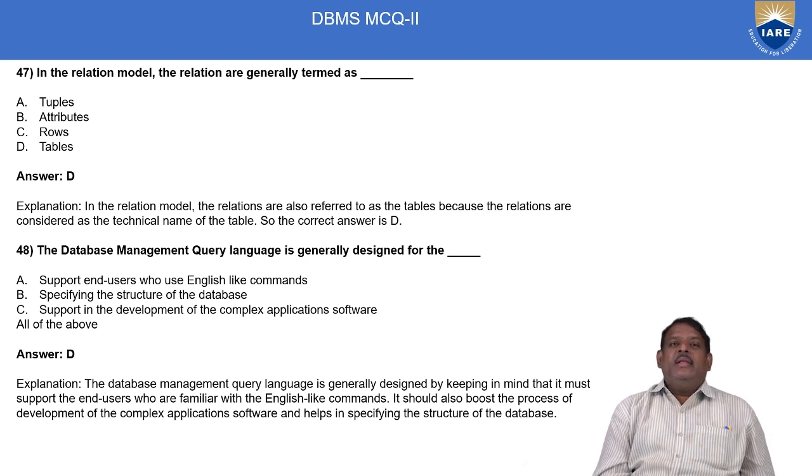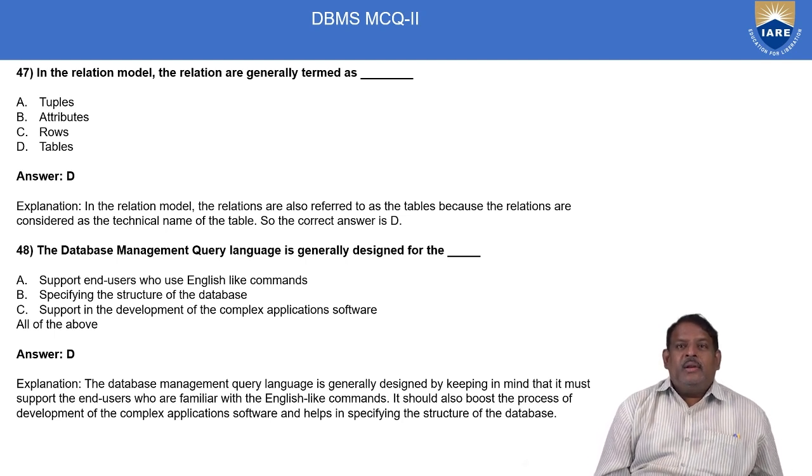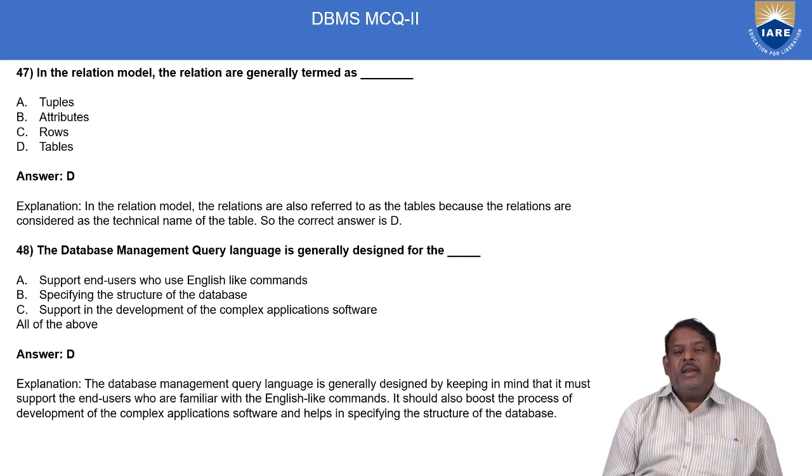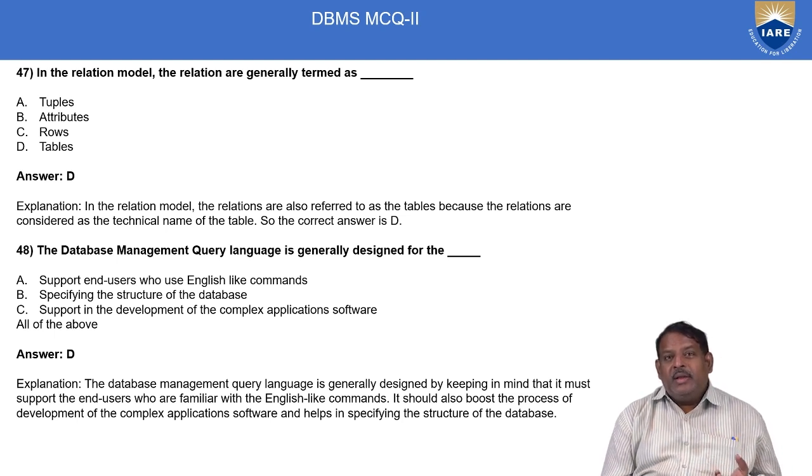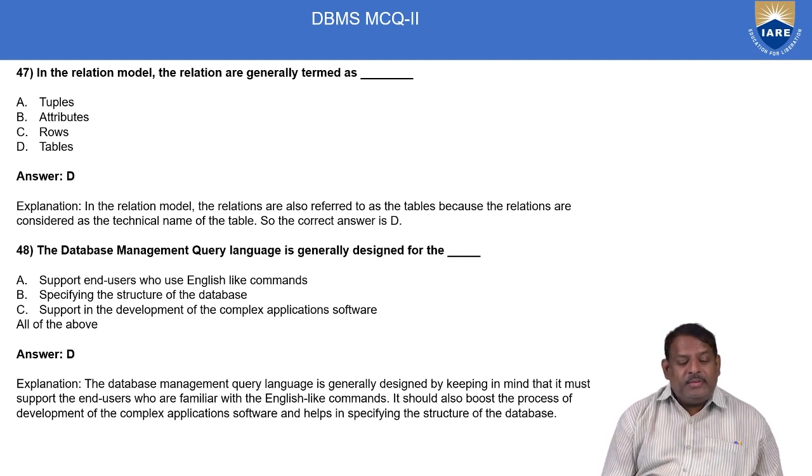In a relational model, the relations are referred to as tables, because relations are considered the technical names of the table. Only tables can participate in relations. Tables have columns and rows, and two tables can participate in a relation only when they have the relation. So the right answer is D.